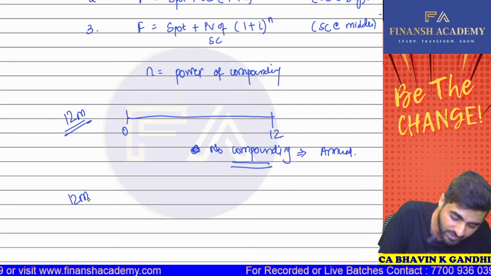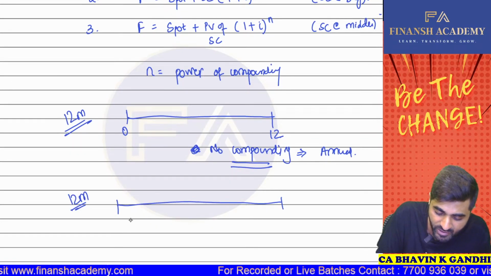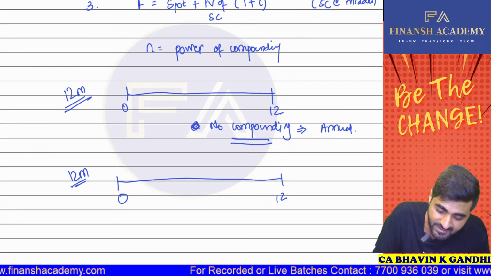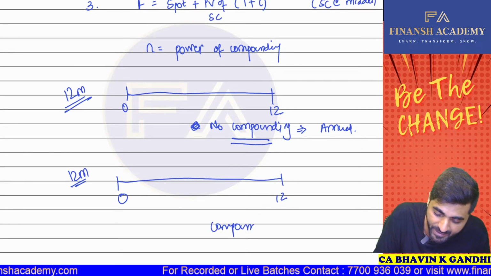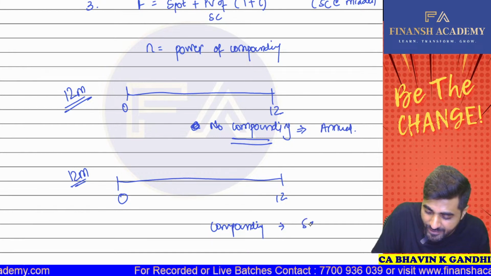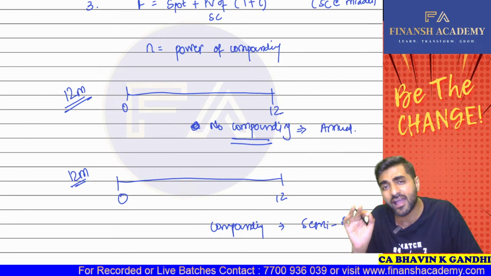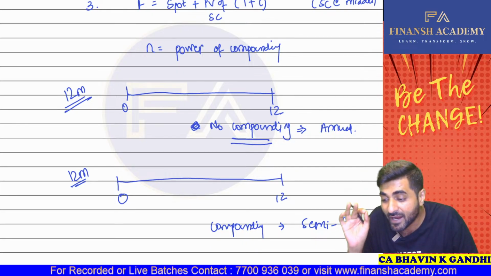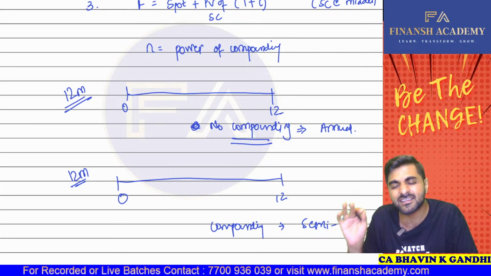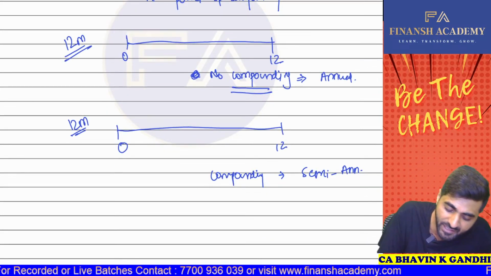But if it's a 12-month contract and, my dear students, in this particular case your compounding happens on a semi-annual basis, are we going to have the power of compounding impact? Come on, yes or no? The answer is absolutely yes. Why, my dear students?